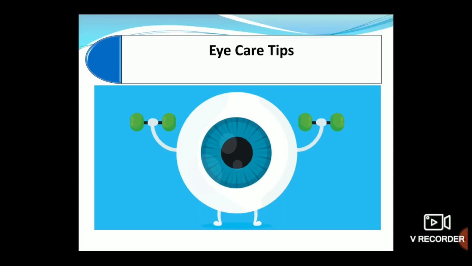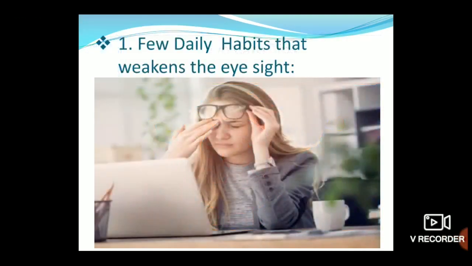What to do and what not to do to improve our eyesight. In other words, what you should do and what you should not do to get long lasting attractive eyes. So now let us discuss a few daily habits that weaken the eyesight.